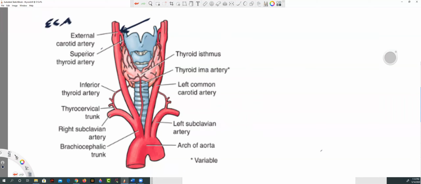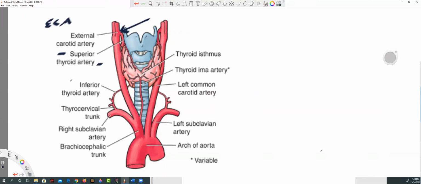That first artery is the superior thyroid artery. In fact, it's the only branch of the ECA that I even really mentioned. There's other branches, there's a facial artery and stuff like that, but I think this is the only one we really need to know about.